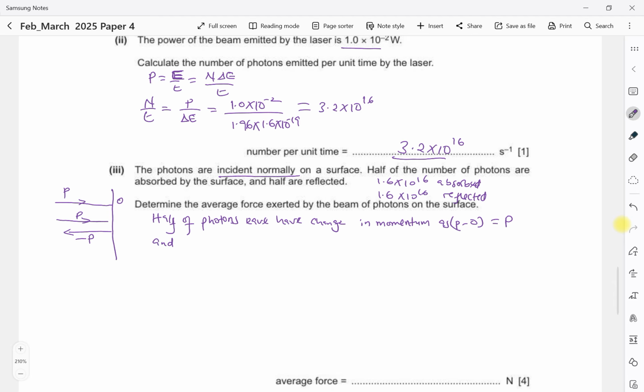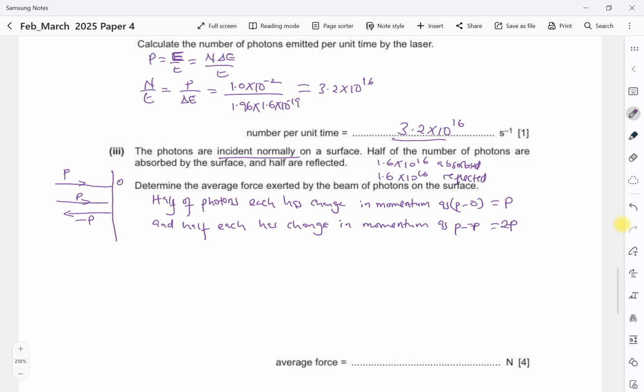And the other half of the photons each have a change in momentum of p minus negative p, which is equal to 2p.